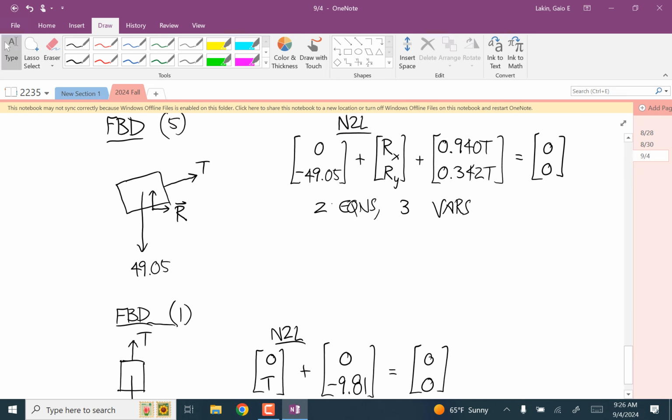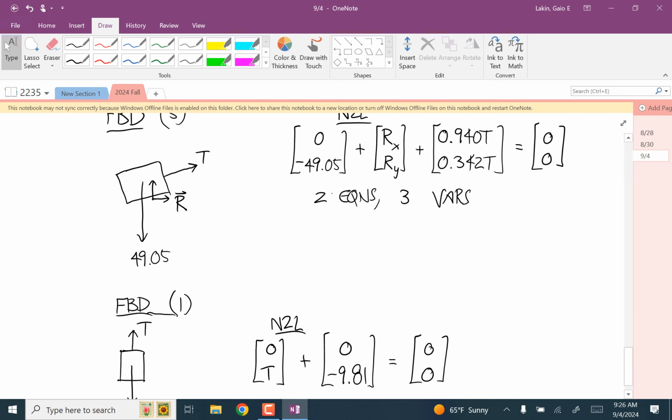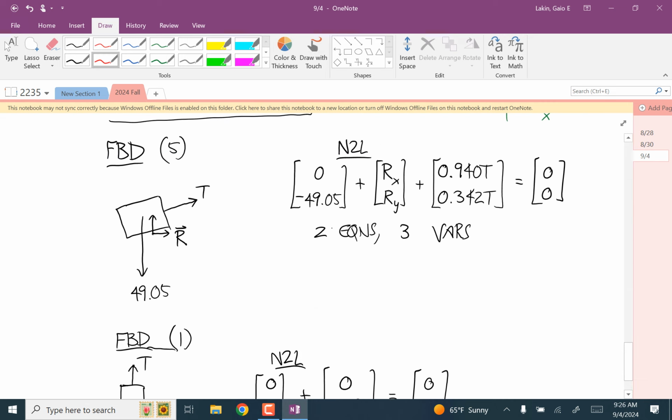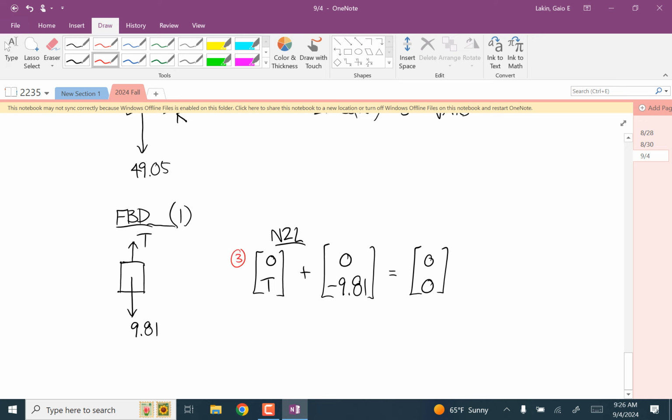You can treat all of these component equations as single equations. So you can think of this as equation 1, equation 2, equation 3 is useless. That just says 0 equals 0, which you already knew from your previous math classes. And then equation 4.